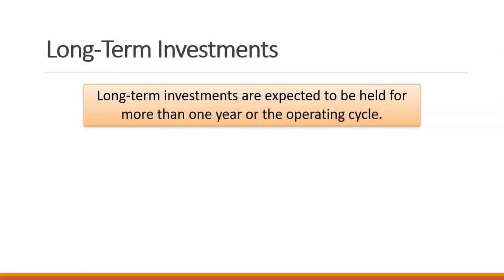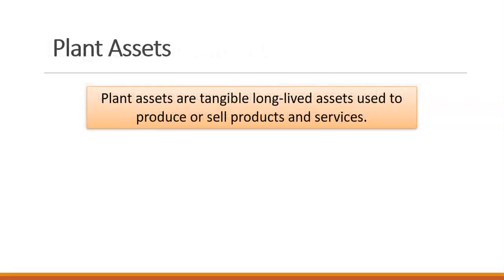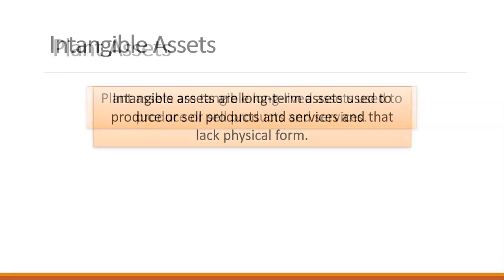These are sometimes also termed property, plant, and equipment, and some financial statements will just call that PP&E, PP&E standing for property, plant, and equipment. Our plant assets are those long-lived assets used to produce and sell products. These are our buildings and equipment.